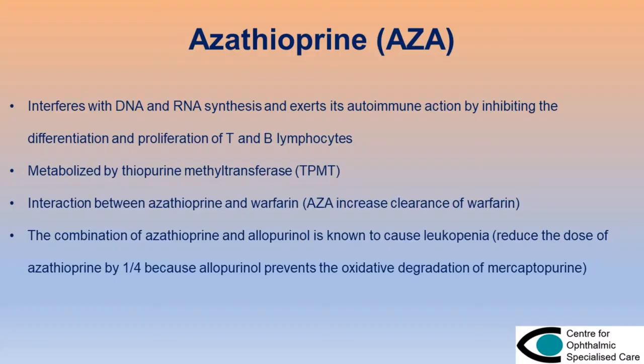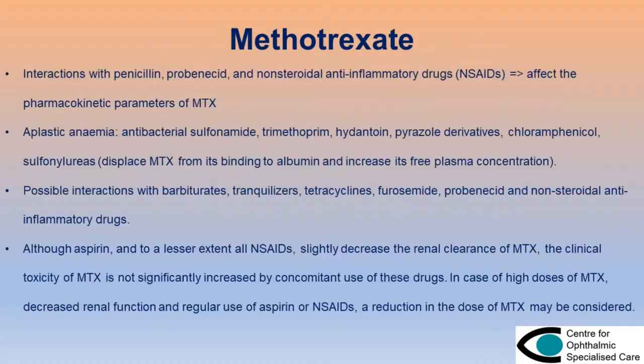It is known that there are interactions between azathioprine and warfarin because azathioprine is increasing the clearance of warfarin, and it is also known that a combination of azathioprine and allopurinol can cause leukopenia. Moving on to methotrexate, which is also a common immunosuppressive drug. It is known that there are interactions with penicillin and other non-steroidal anti-inflammatory drugs which affect the pharmacokinetic parameters of methotrexate.